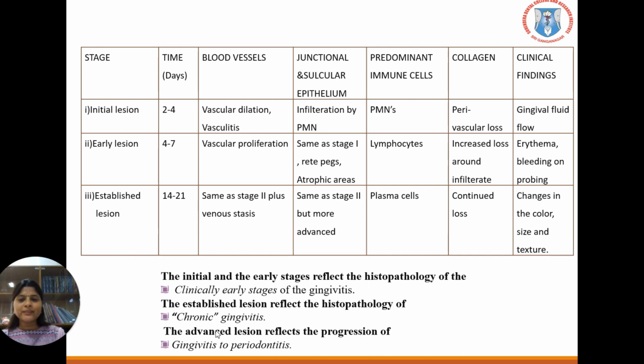The established lesion reflects the histopathology of chronic gingivitis, and the advanced lesion reflects the progression of gingivitis to periodontitis. So I hope it is clear how the stages of gingival inflammation occur, how gingivitis progresses, and how gingivitis converts into periodontitis.